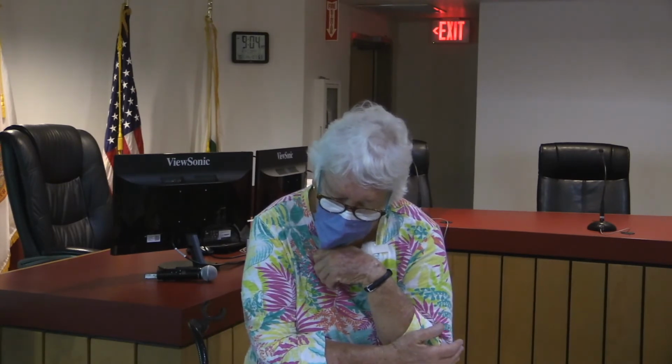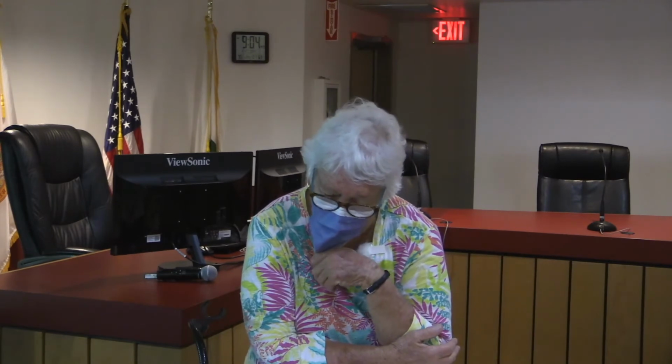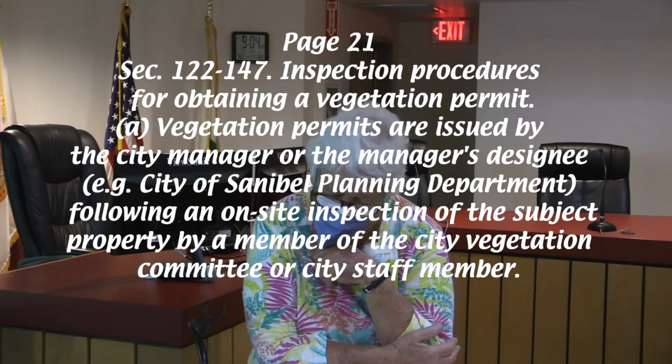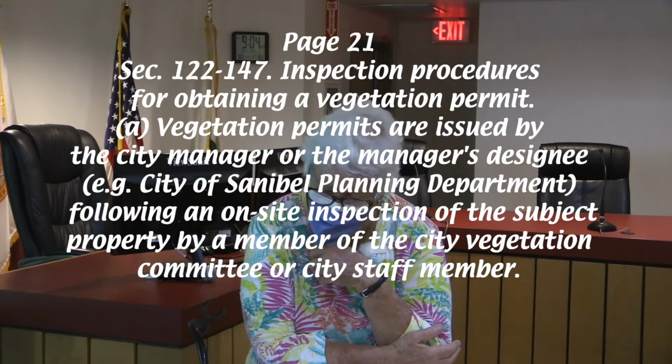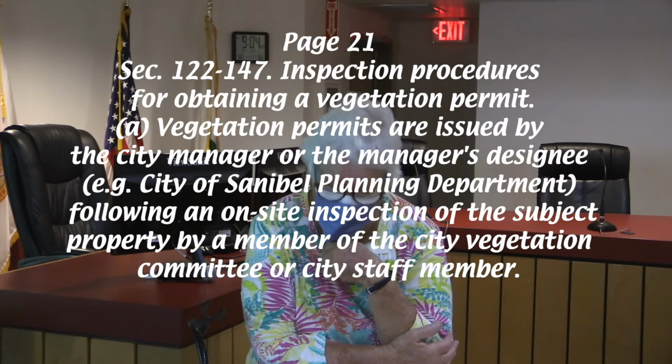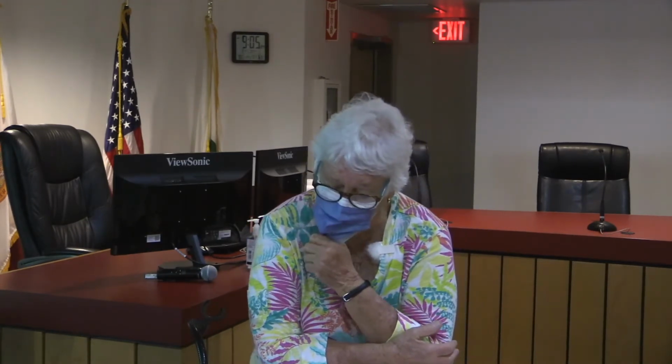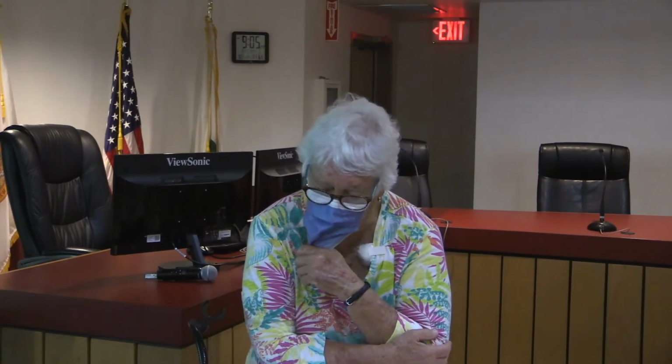Inspection permits, procedures for obtaining a vegetation permit right under that, which is pretty much what I just said. Vegetation permits are issued by the city manager or the City of Sanibel Planning Department, and that's what happens here in Sanibel, following an on-site inspection of the subject property by a member of the City Vegetation Committee or a city staff member. And that vegetation permit, this is important, is normally valid for 6 months.